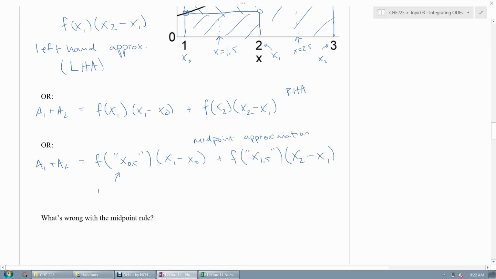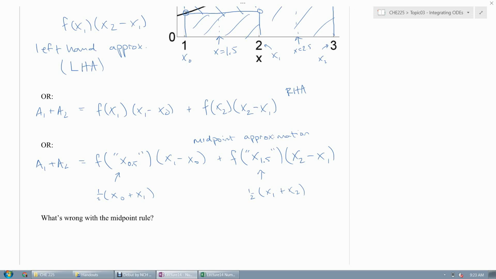Now, I didn't define for you what this x one-half is, this fictional point, and x one-and-a-half is just the midpoint between x1 and x0, so that would be the average between those 2 points. And x 1.5 is the average between x1 and x2.